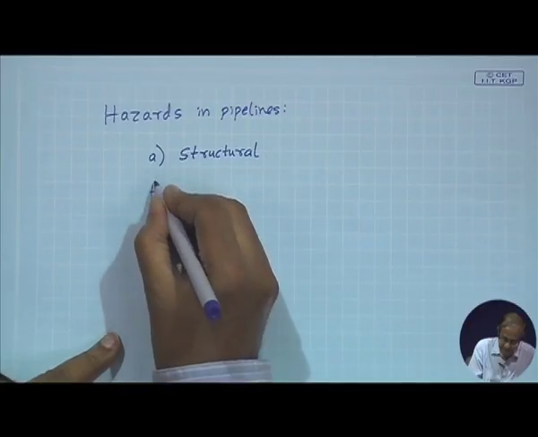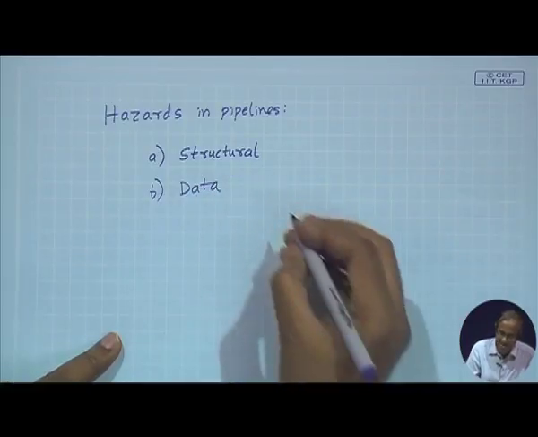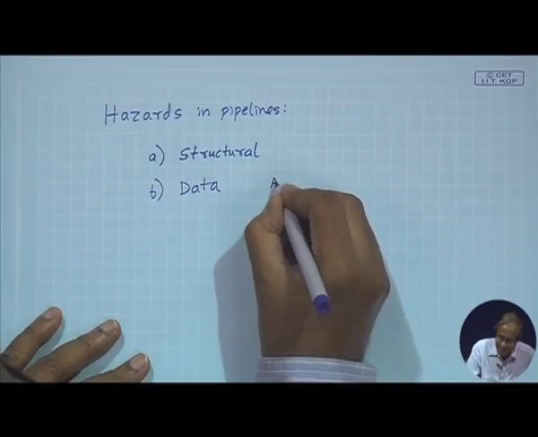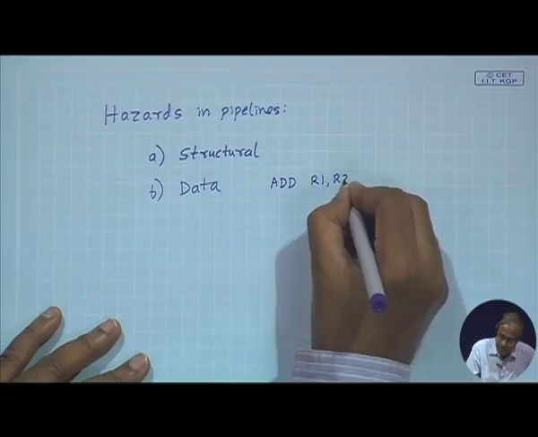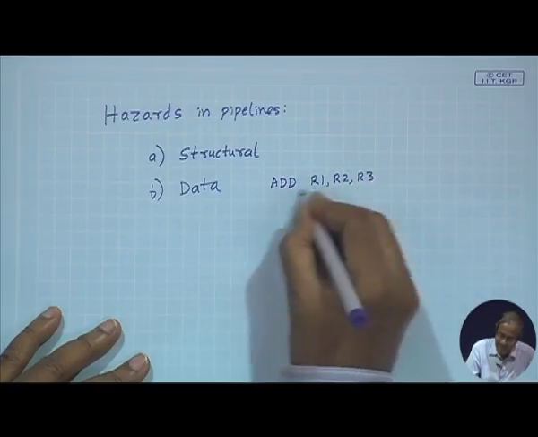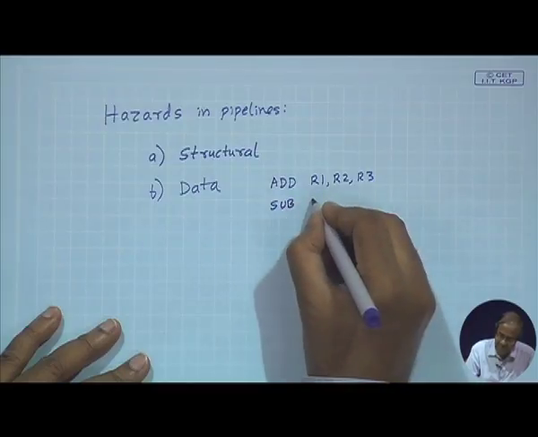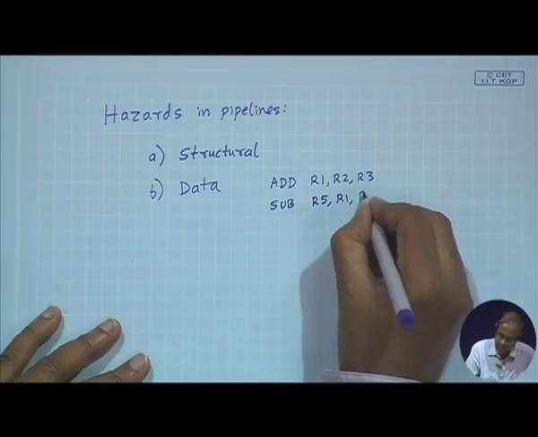There are other more important kinds of hazards, like something called data hazard. Data hazard can arise due to instruction dependency. Let us take some examples. Let us say I have an example, add R1, R0, R3 followed by an instruction, let us say subtract R5, R1, R3.